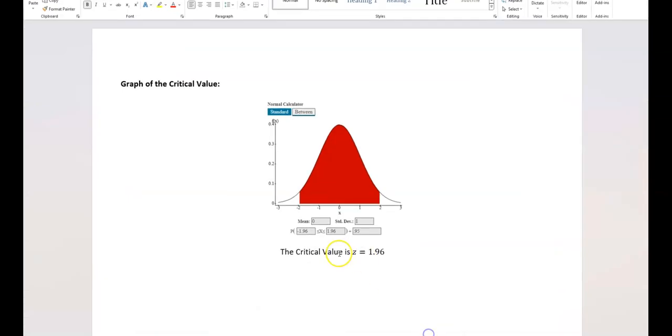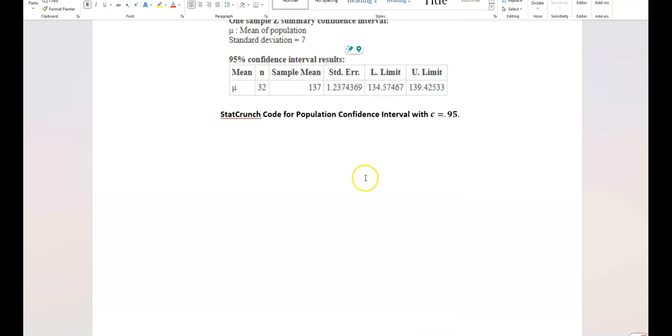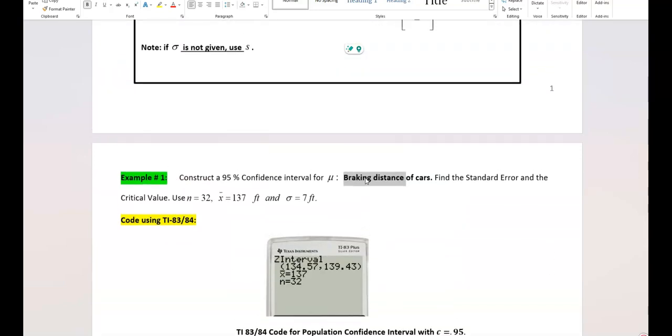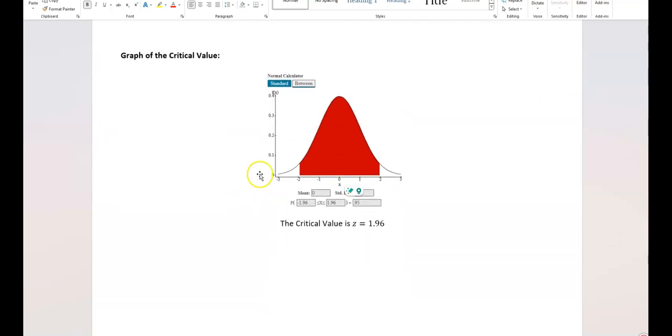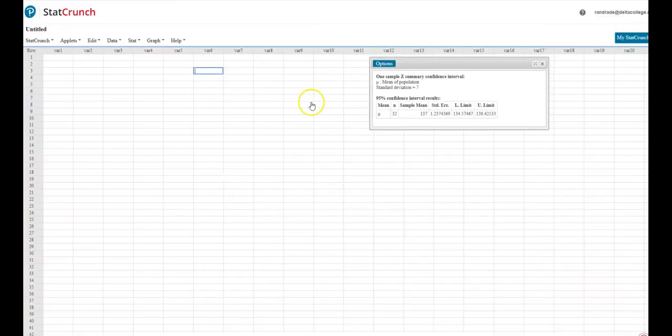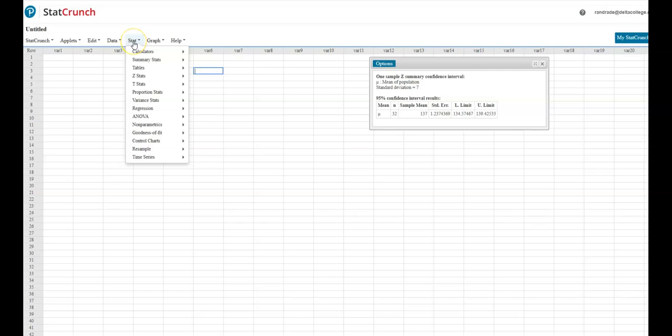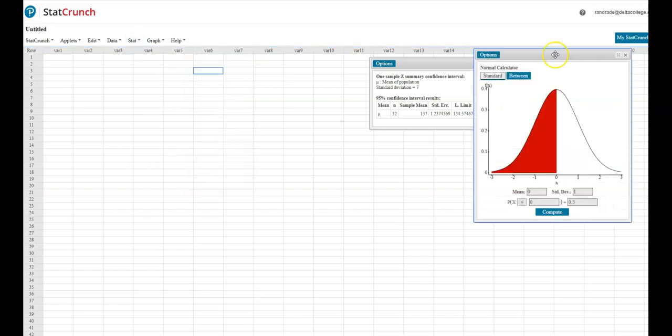So it's a 95. Let me double check. Yeah, it's a 95. So we're going to go into StatCrunch, and then under stats, you're going to go to calculators, and we need for this one the normal. You're most likely going to be using the T for your project since you have a sample, but in this case, it's going to be the normal.